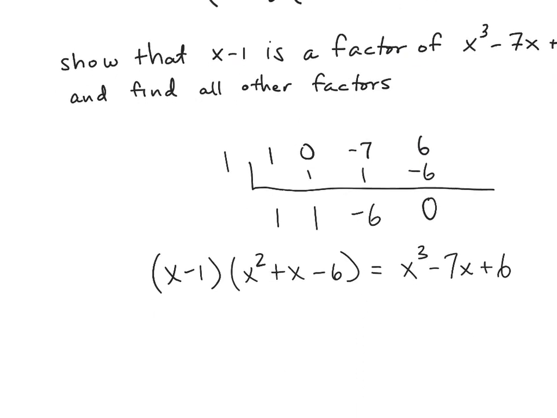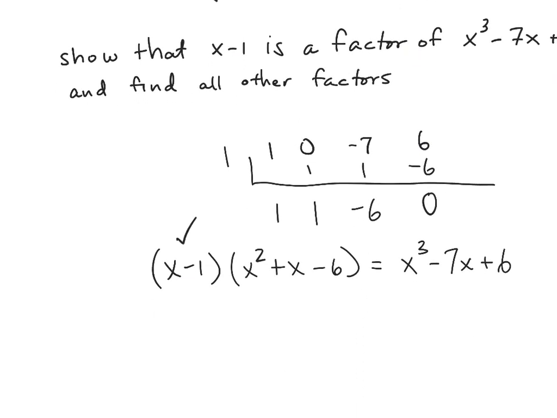And so then it says to find all the other factors. We found this one. This is a factor, but we're interested in linear factors. We want all the factors to be of this form. And so what we need to do then is to continue to factor this quadratic expression into its linear factors of x plus 3 and x minus 2.